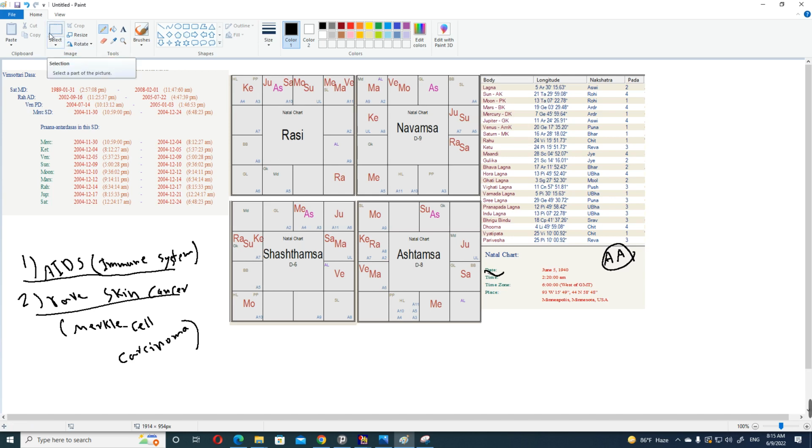Before starting these, I need to give some explanation about these charts, these tables here. I know some of my friends here are Western astrologers, and maybe they can't understand Vedic charts deeply, because they are dealing with Western charts that are circular and in different shapes, and they have their own rules.